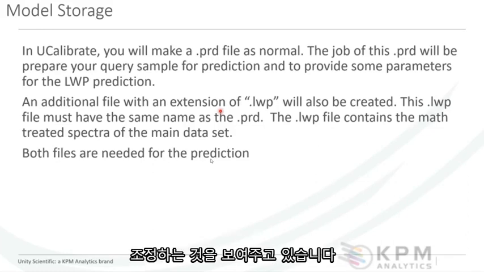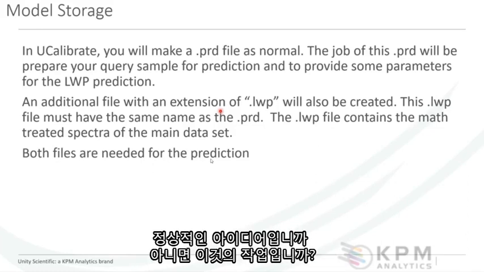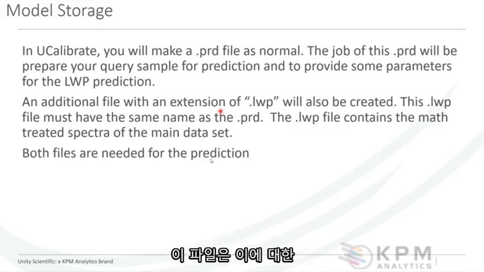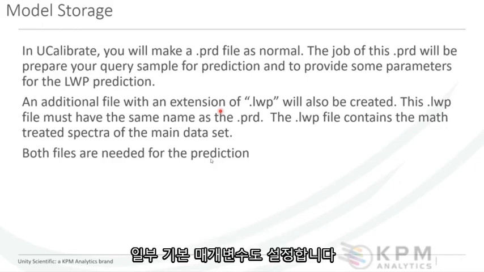So in uCalibrate, you're going to make your PRD file as normal. The job of this PRD file will be to prepare your query sample for the predictions, and it also sets some basic parameters.